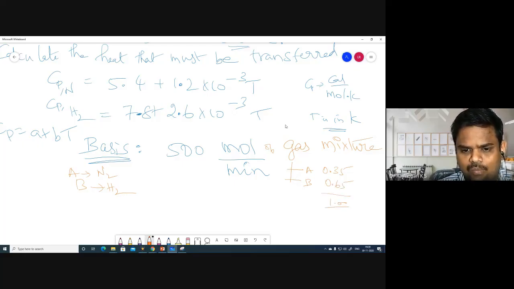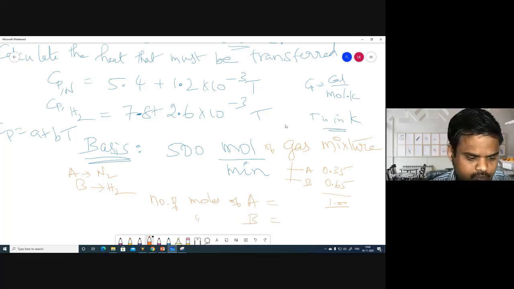So that way, number of moles of A is equal to 0.35 into 500. How much? 175 moles. So we have 175 moles of nitrogen and 500 minus 175, 325. We have 325 moles of hydrogen.